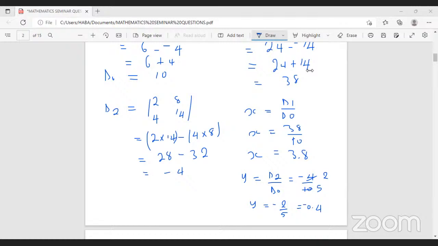Okay, so can all of us agree to go with this method, or any questions? Okay. Have one in the chat? No. Okay, so we can continue to number 3.